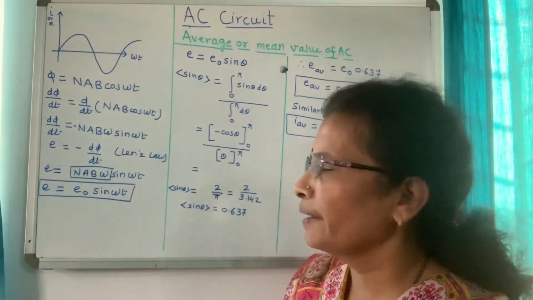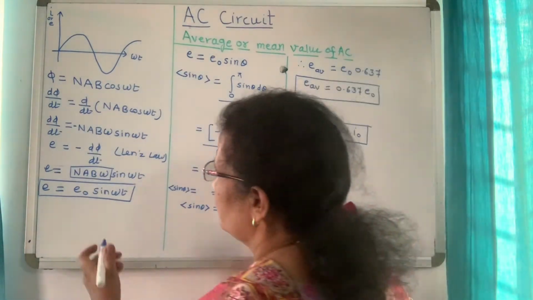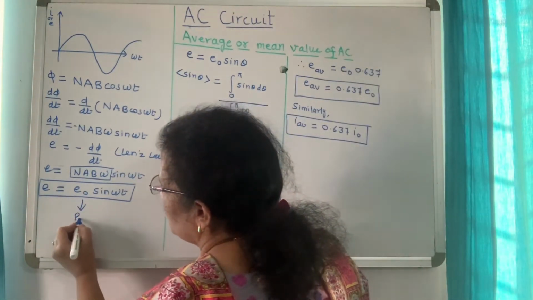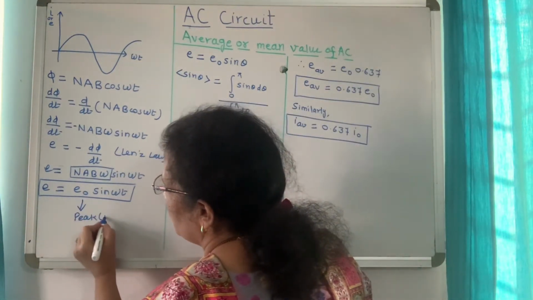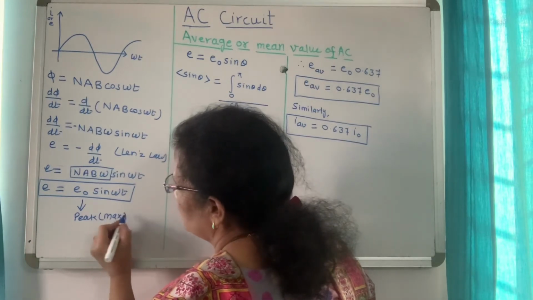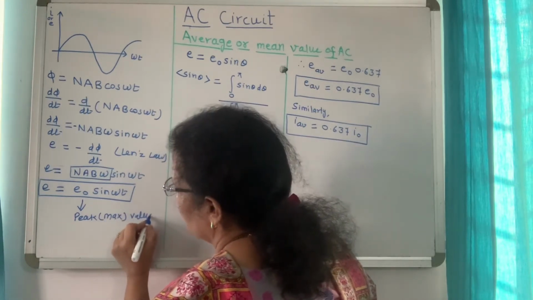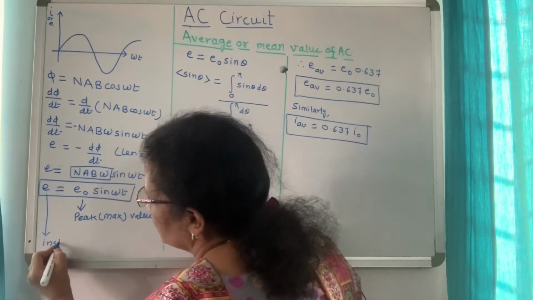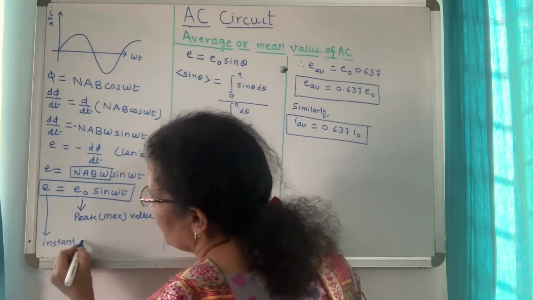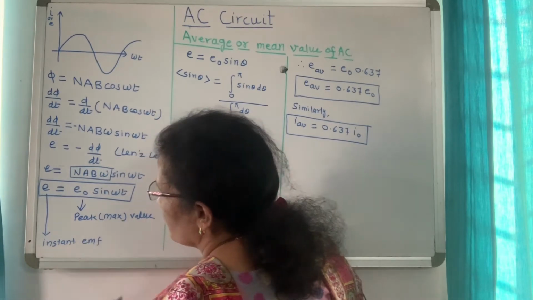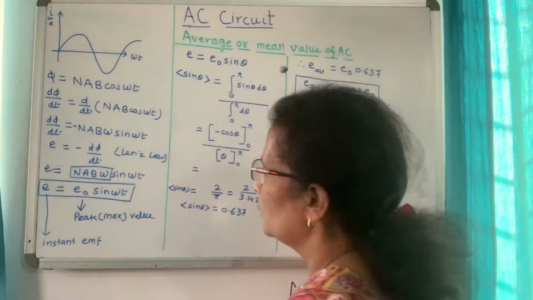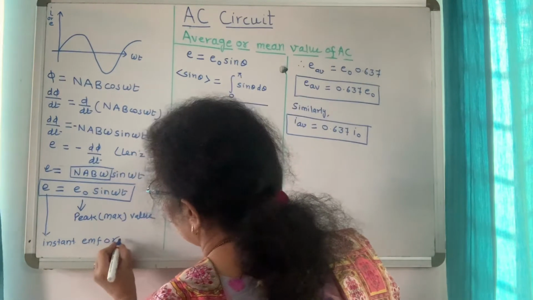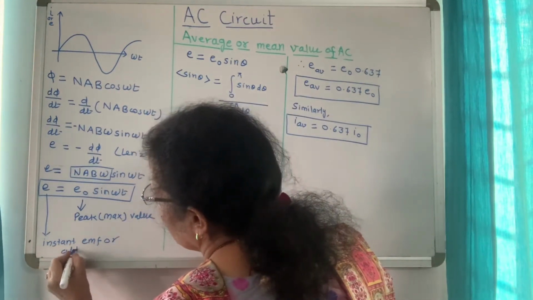So E0 is the maximum value, that is called the peak value. What is E? E is the instantaneous EMF or alternating current.